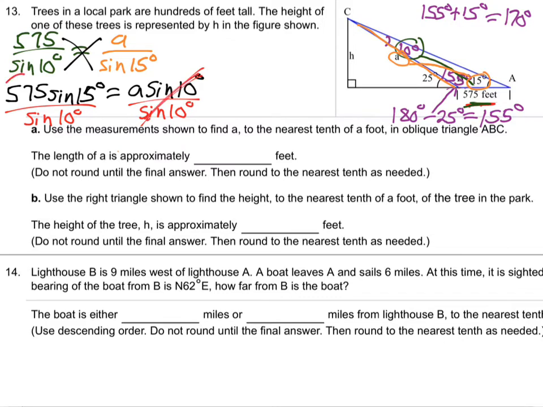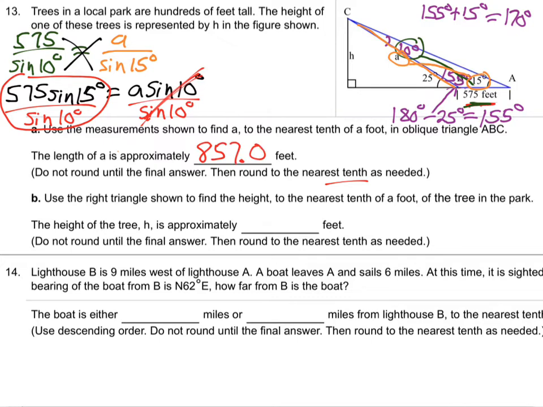Make sure you're in degree mode. These are all degrees, not radians. I'm getting 857. Now, they only want me to round to the nearest tenth, so that would be 857.0.